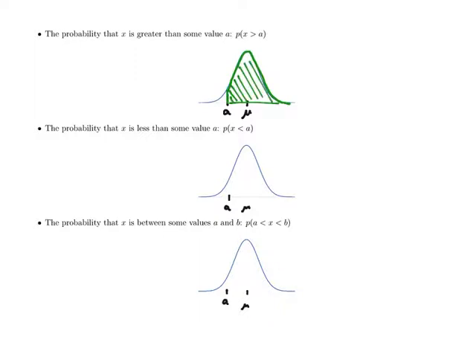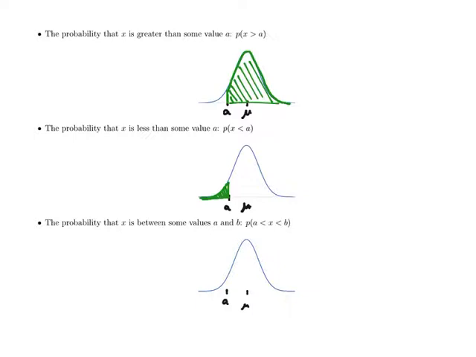Specifically, what is the percentage of the area relative to the entire area? I don't know what that value is right now, but we can find it. We're going to see how to do that later on. But that's going to be the area corresponding to the probability of x greater than a. The probability of x less than a is going to be the left side of that, so we're going to be finding that area.